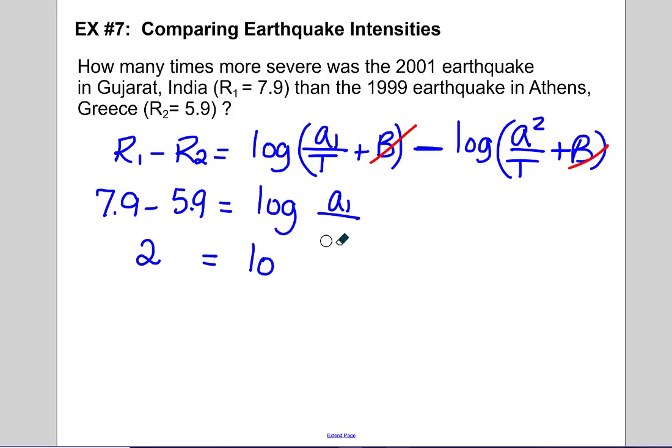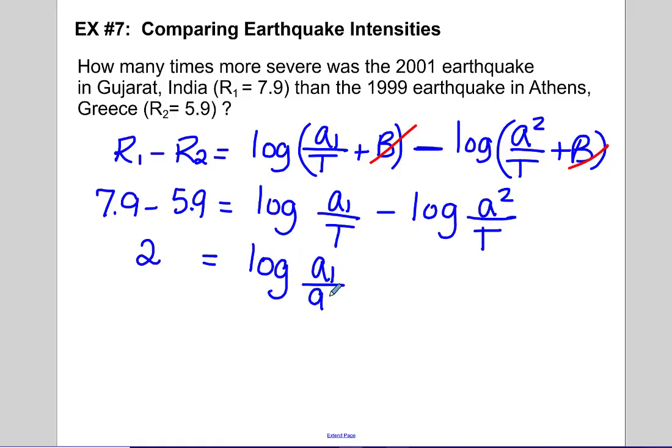I'm going to back up a minute and rewrite this a little bit better: A sub 2 over T. So this is going to give us the log of A sub 1 over A sub 2 when we apply the properties to divide. And this base is 10, so 10 to the second power is the comparison of A sub 1 divided by A sub 2.